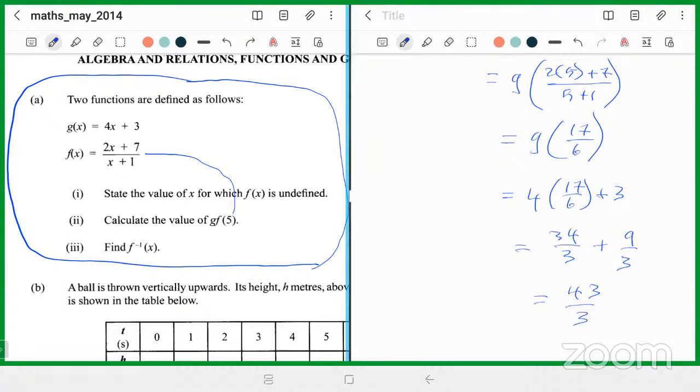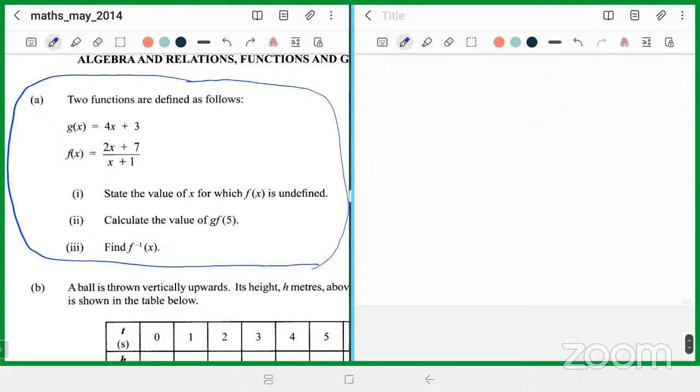And then they want us, one more time, finishing off, the inverse of this rational function. So one more time at the rational function, guys. More maths equals better maths. So I want to start by saying f equals 2x plus 7 over x plus 1.